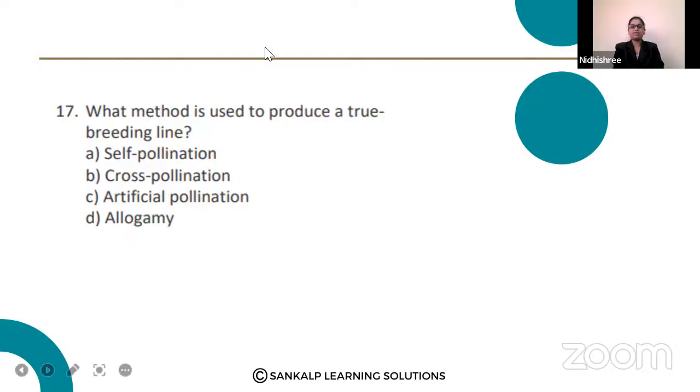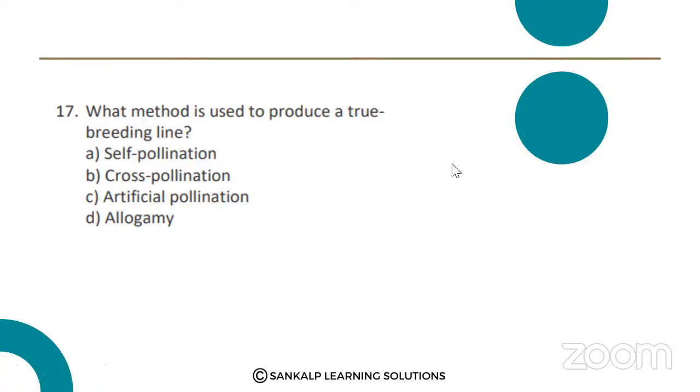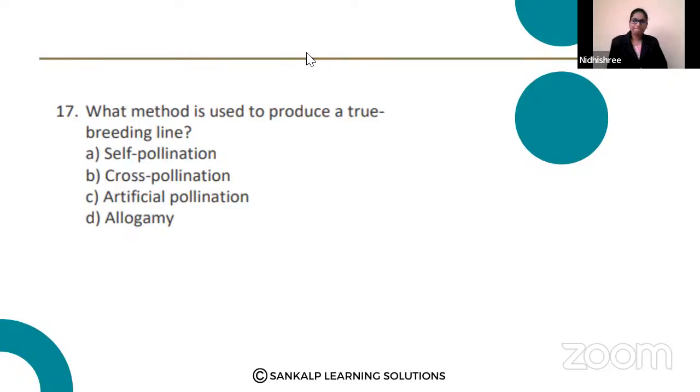Can anyone tell me what you mean by artificial pollination? The pollination which does not occur by nature, by itself. Okay, good. What do you mean by allogamy? Anyone?